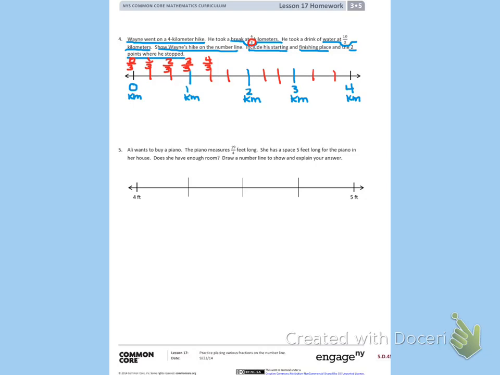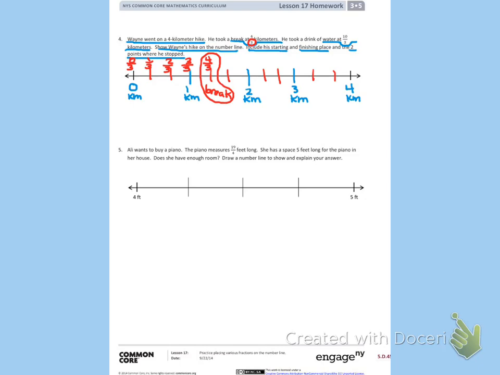That's where he took his break. I'll label that break. And I think I'll go ahead and circle it so my teacher knows that I have labeled where the break took place. Now I'll keep counting up.